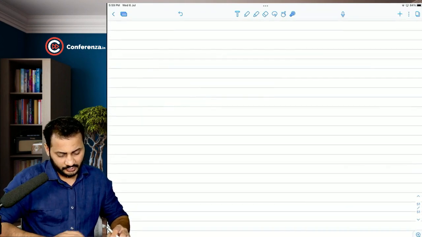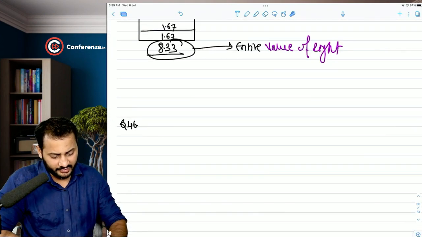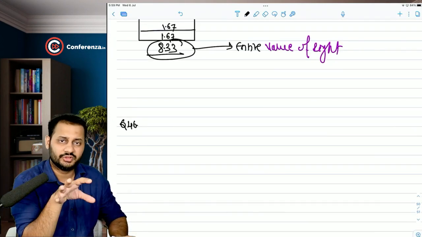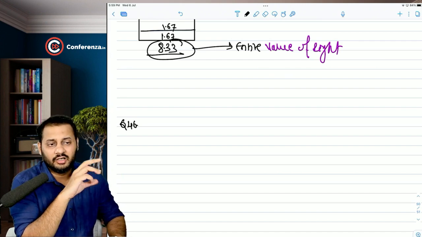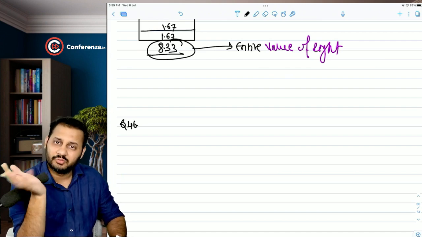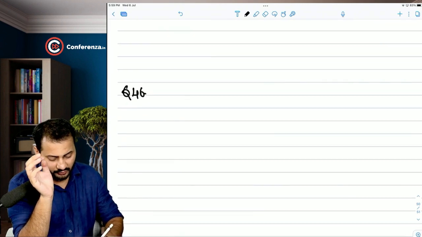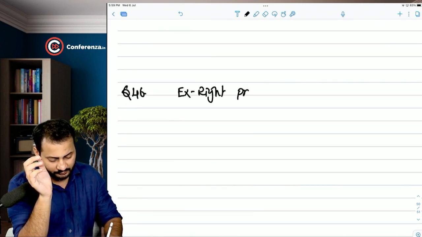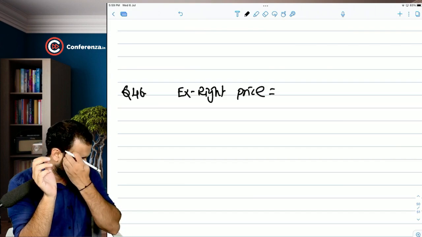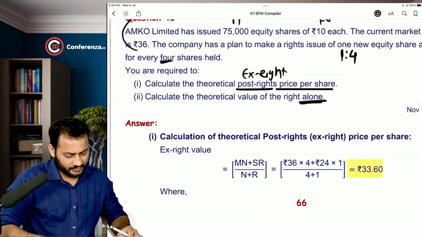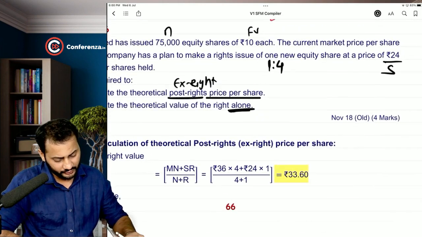And use the same formula every time, because the institute has used different formulas in suggested RTPs and the module also. So you will have to stick to one formula. Ex-right price. I will just do it in the compiler itself so that it is very easy for you to understand.